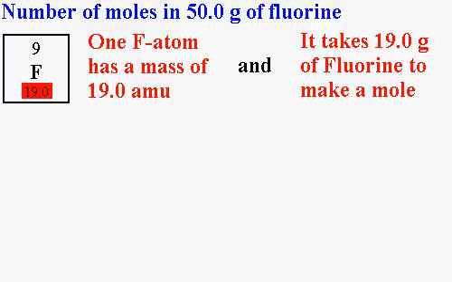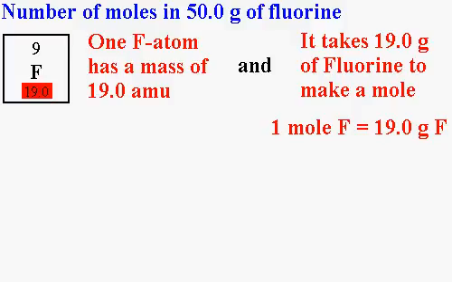Okay, the first meaning of this 19.0 is easy to understand. It just tells us the mass of the atom in atomic mass units, and that's a unit for mass. So it's just telling us the mass of the atom. What does the other one mean? It takes 19.0 grams of fluorine to make a mole. This tells you a conversion relationship between grams and moles.